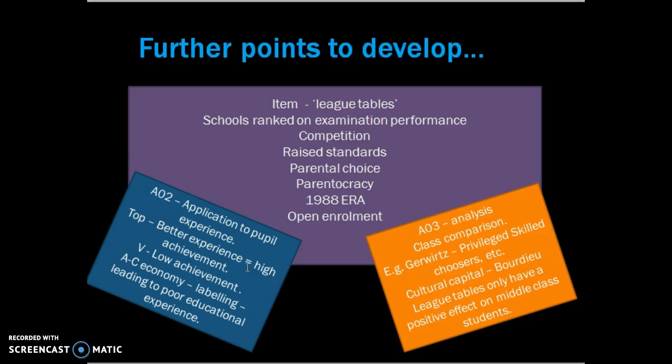Some students linked it into the A to C economy. In order to move up the league table, teachers and schools tended to triage their students into those that will pass anyway, hopeless cases, and the borderlines. Okay, so labelling could have been experienced by students. They were deemed as a hopeless case, and then they have poor educational experiences because they're in the bottom band, all because of this competition and parental choice.